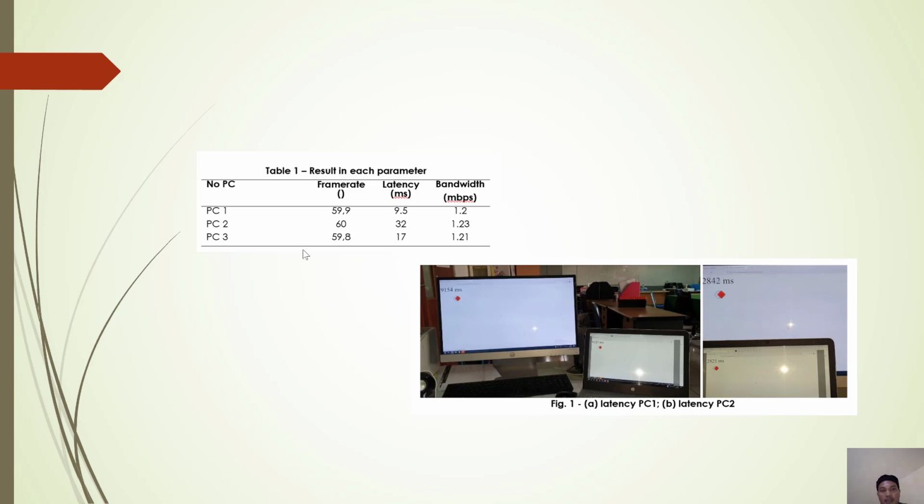It is the real situation, which means there are three PCs in the department that are used by the administrative staff. And this is when we got the data: when we took the delay on the three computers, and when we took the frame rate, we can also see the bandwidth.